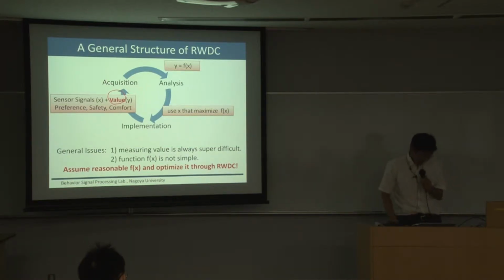So if you can measure or acquire these two kinds of information, which are sensor signals and the values, then you can find somehow the relationship between the real-world data and the real-world value. And it is, of course, not easy to find the function f, which connects the data and value. That is not always easy.